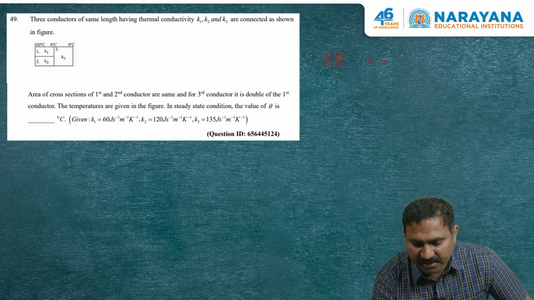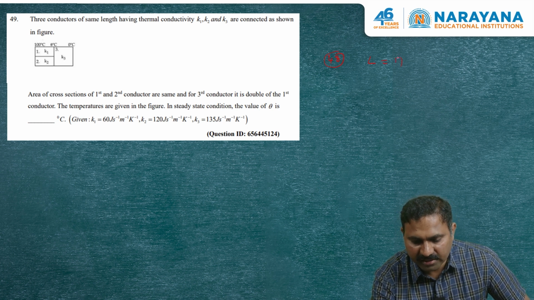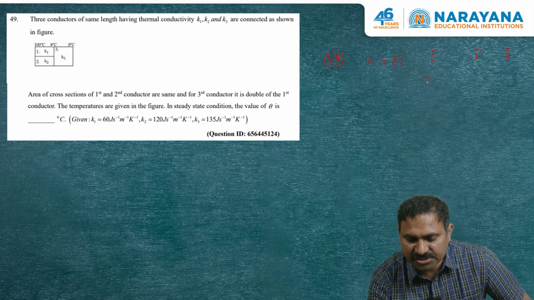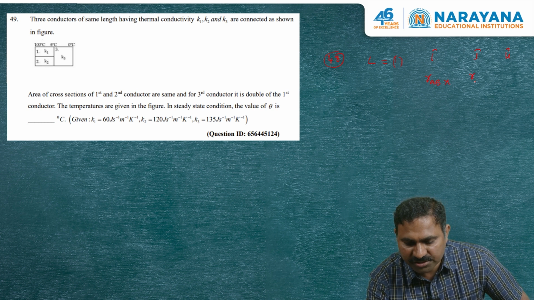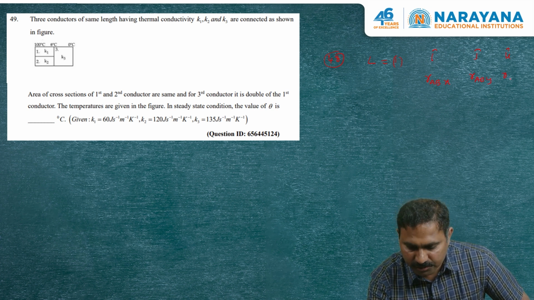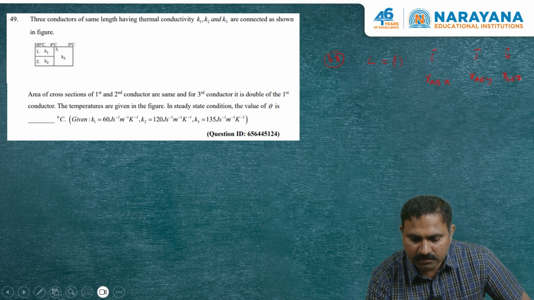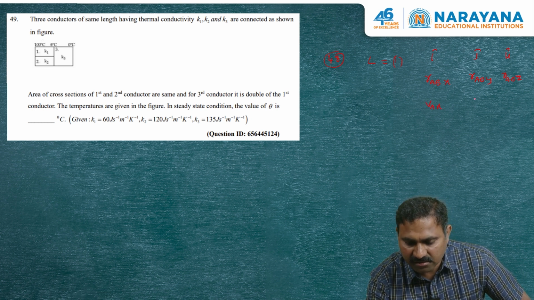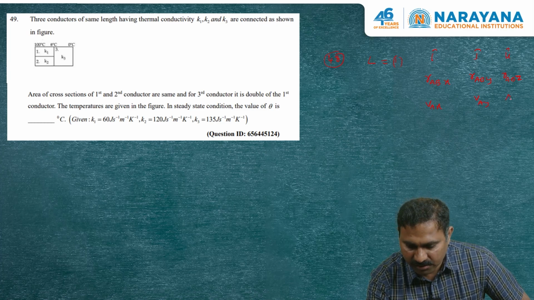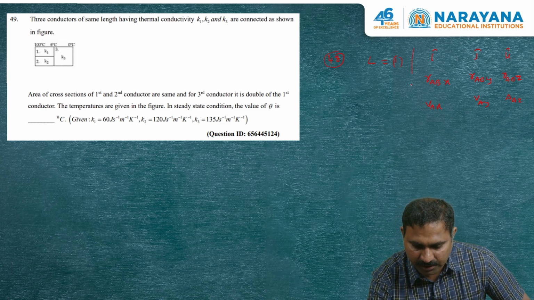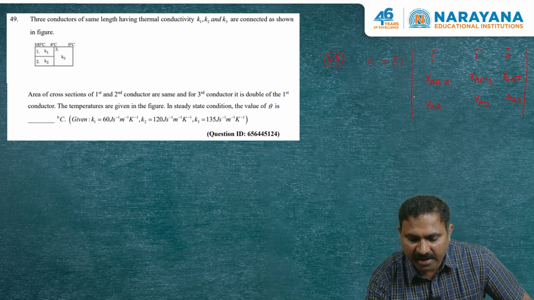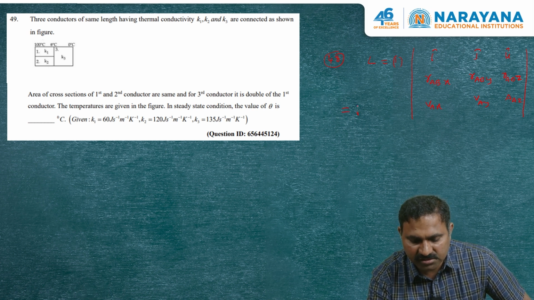Angular momentum at the given instant equal to mass is 1 kg, i cap, j cap, k cap. So, this is position of A from B x component, y component, z component. This is velocity A x component, y component, z component. So, if you find this cross product, it comes out to be square root of 90.